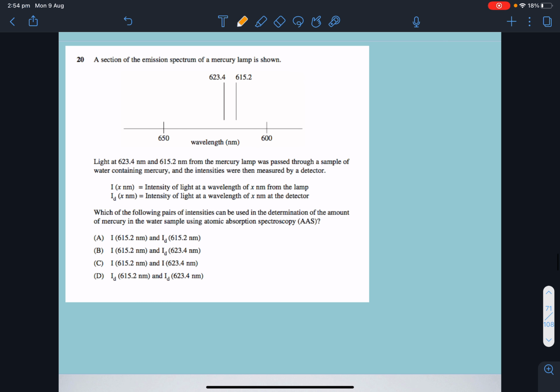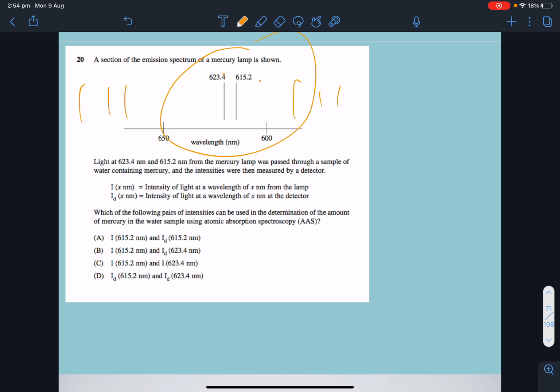A section of the emission spectrum of a mercury lamp is shown. So we've got a cathode lamp with mercury on the end, and it's got emission lines coming out, or different colours. Here they've just shown two. Light at this one and this one from the mercury lamp was passed through a sample of water containing mercury, and the intensities were measured by the detector.